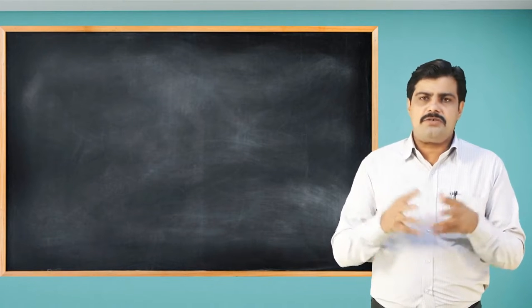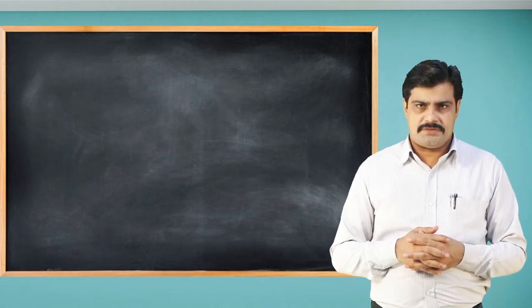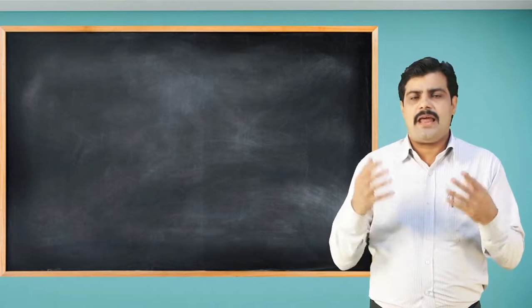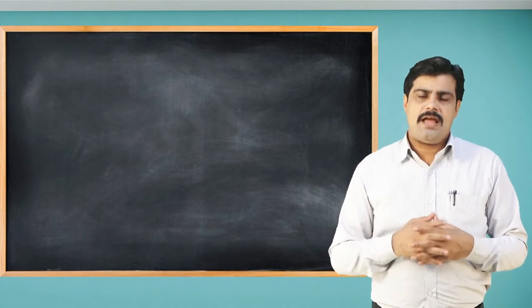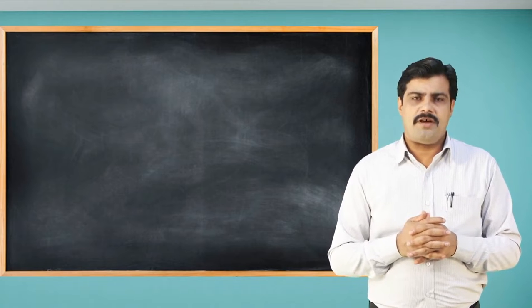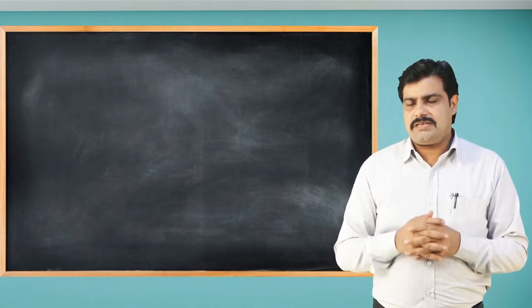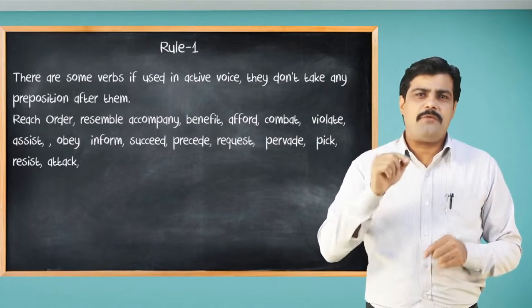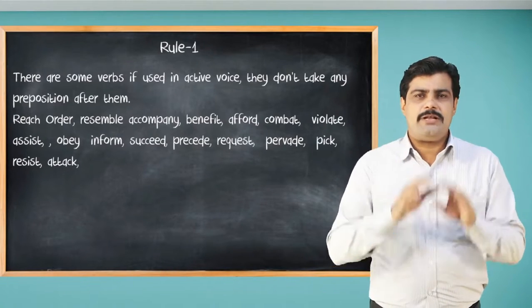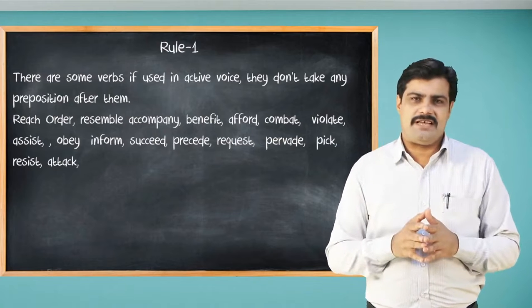Now here are certain rules for prepositions, and these rules will help us detect errors in the use of prepositions. So let's see rule number 1. There are some verbs which, if used in active voice, don't take any preposition after them.